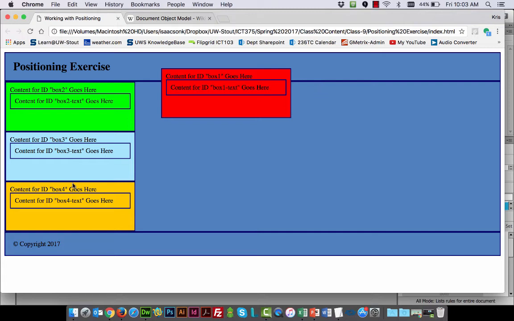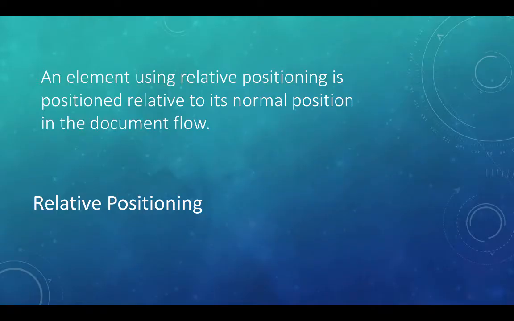Before we apply that positioning to the main element, let's go look at what the definition of our second type of positioning is, which is relative positioning. Relative positioning keeps the element within its normal document flow. This is the difference between relative and absolute.